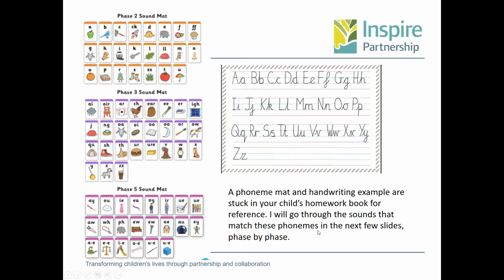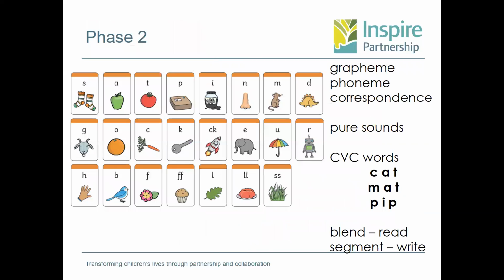But I'll go through the sounds that match these phonemes in the next few slides, phase by phase. So you can see here there's a phase 2 sound mat, phase 3 sound mat, and a phase 5 sound mat. And this is the cursive handwriting script that we use when we teach writing in our lessons.